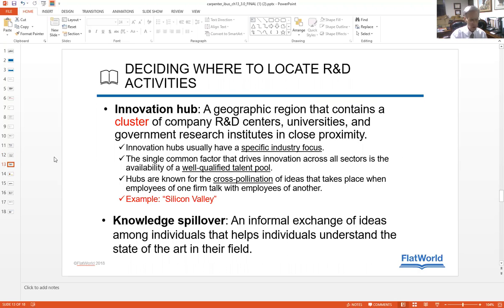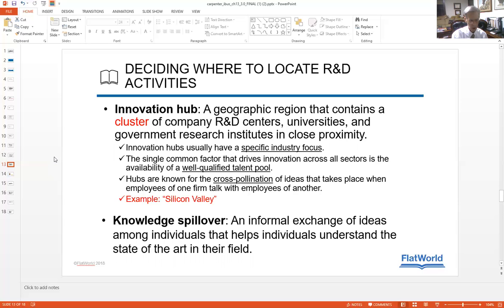The next concept that is mentioned in this chapter is the so-called innovation hub or cluster. It's a concept that was developed by somebody whose name is mentioned often in my courses, Michael Porter. In this case, Michael Porter was examining international strategy and trying to figure out which countries had competitive advantage and where it was most likely that a new enterprise in a specific industry would succeed.